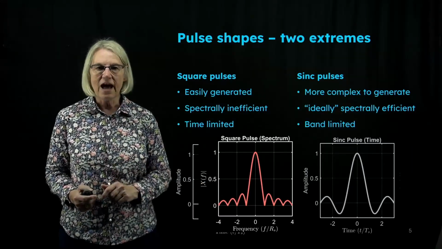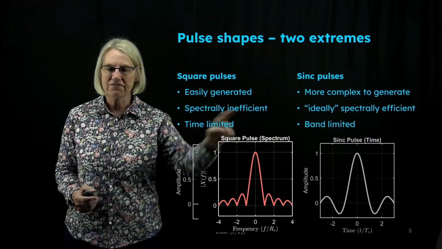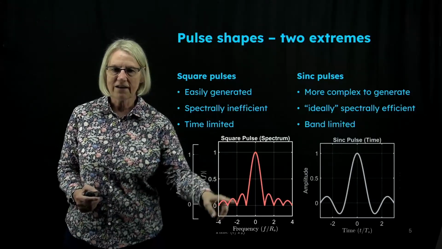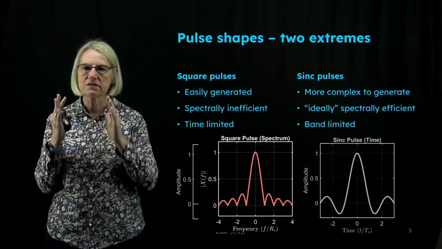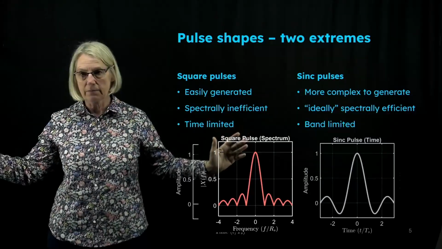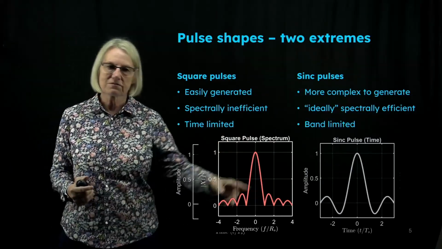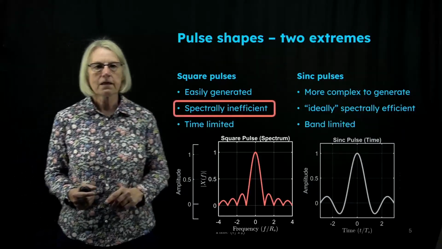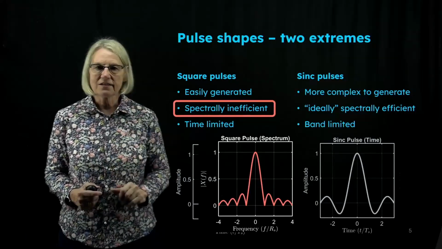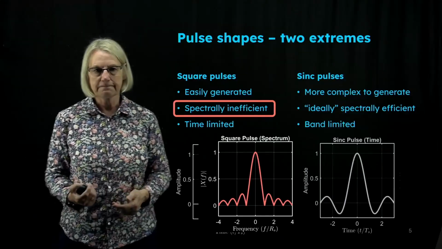We can see now why I say that it's spectrally inefficient, because there are infinite side lobes. So it's not limited to a certain frequency band. In fact, it occupies all frequencies. Of course, it falls off eventually, but it's a slow fall off. That is why we say that it is spectrally inefficient.